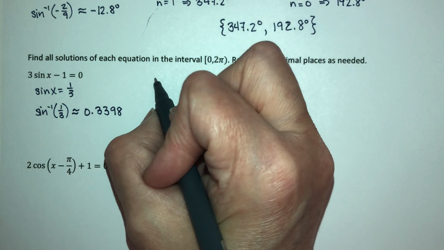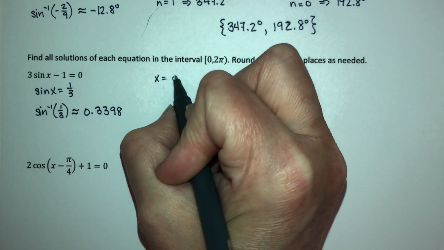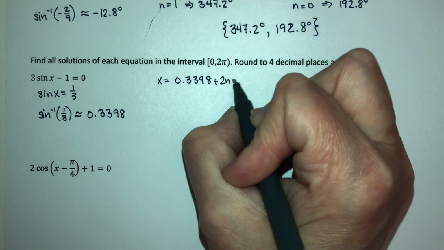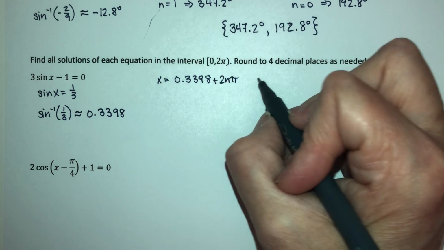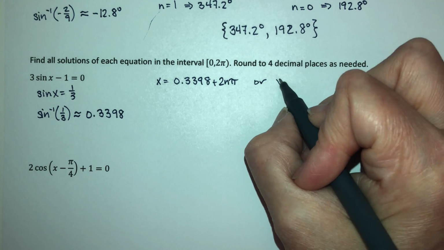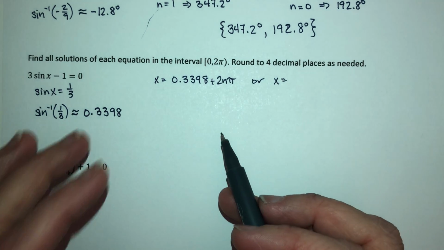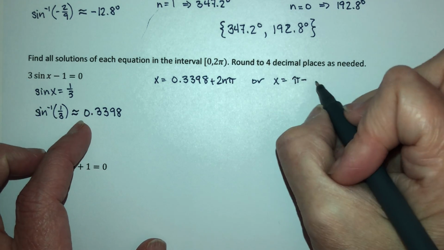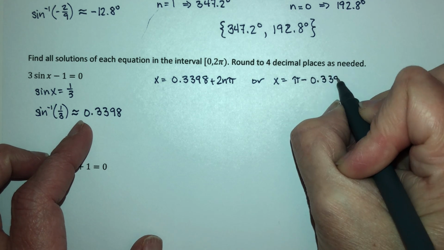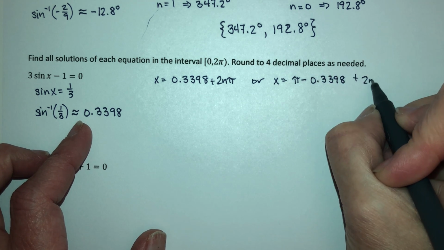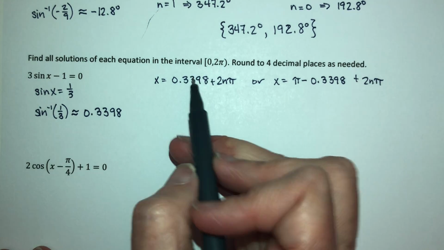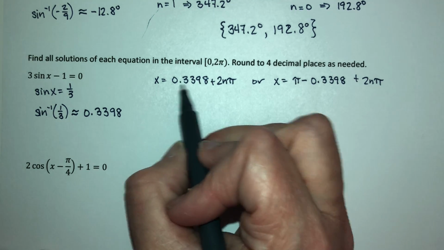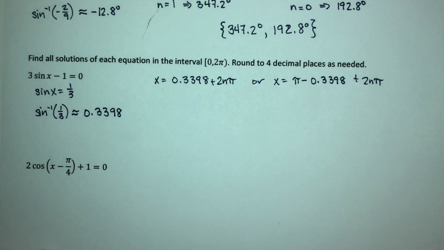Now, for sine, our answers are 0.3398 plus 2n pi, or our x values are, for sine, it's pi minus our alpha plus 2n pi. Well, since this is a positive number, if I add 2 pi to that, I'm larger than 2 pi. So this is my only solution here.